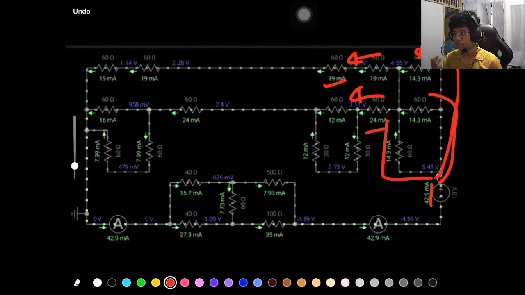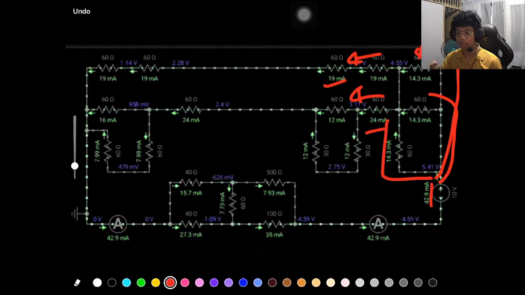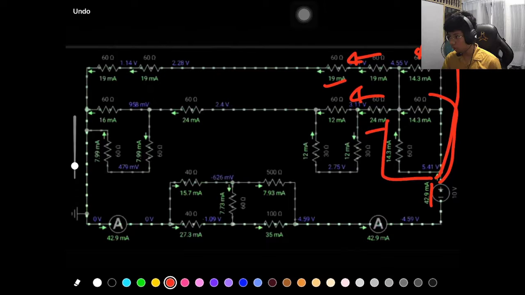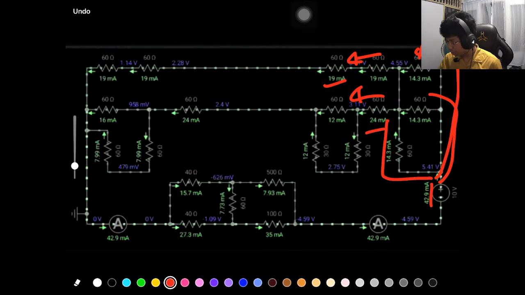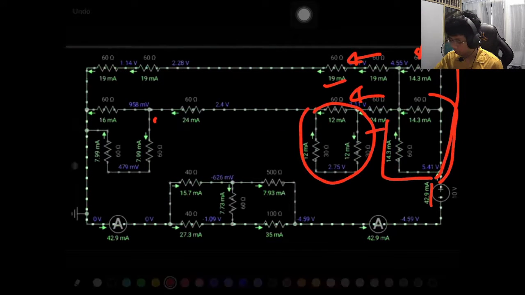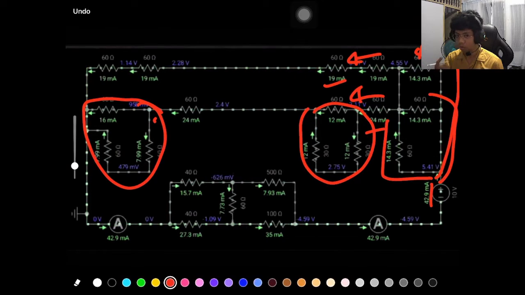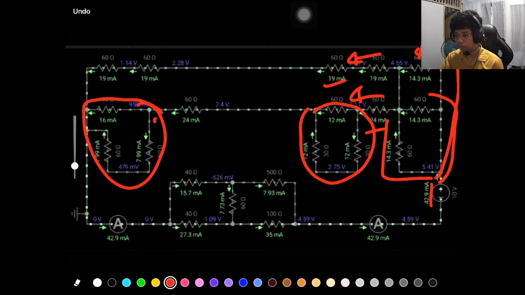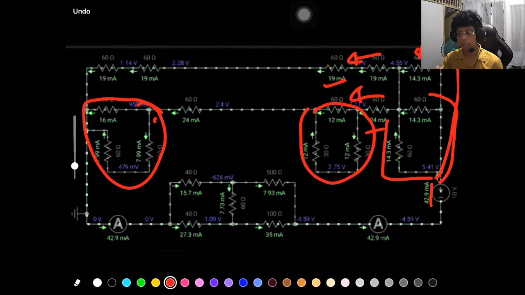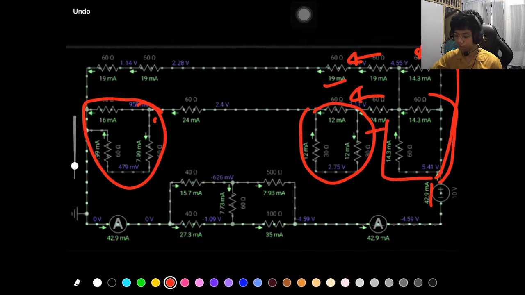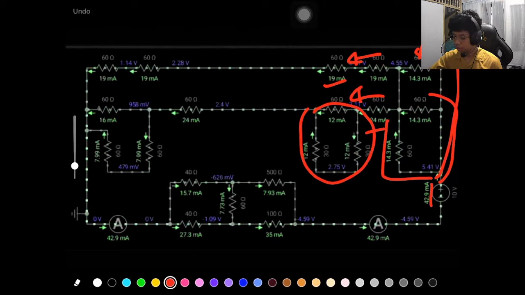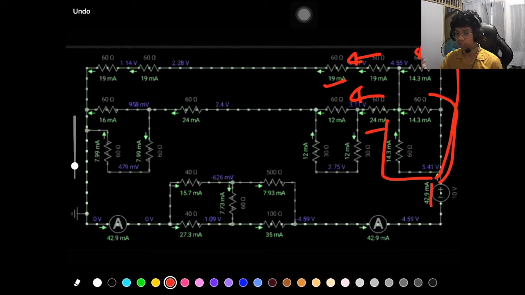That's why it changes to 19 milliamperes and 24 milliamperes. Just ignore this, because let's just say that it is only two electrical paths, because if we add up the current of those, it will just be equal to 24 milliamperes. So it is very insignificant to notice those.